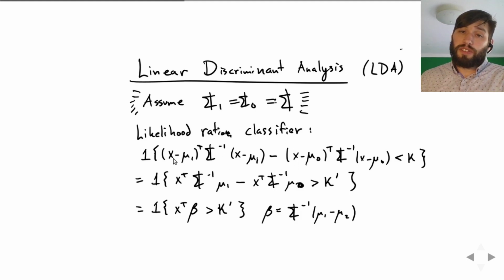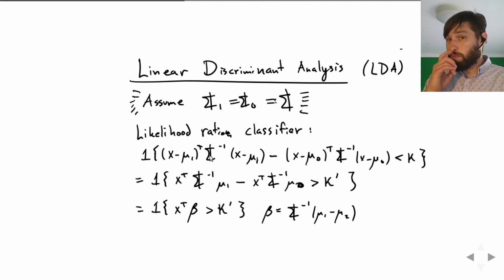And so if you look at this sigma inverse, these are the same matrices in this difference, and we have some terms that are going to be the same. We have this x transpose sigma inverse x, and that's the same as what we're going to extract from here. We have some things that are constants. We have mu1 transpose sigma inverse mu1. That's a constant, and the same with mu naught.